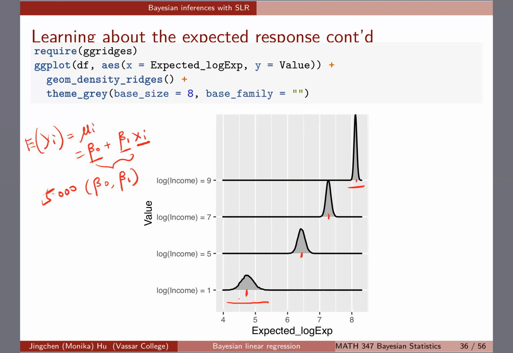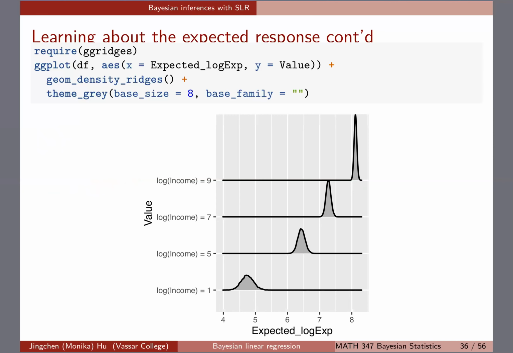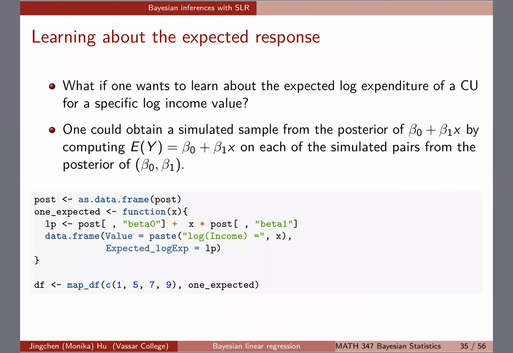Let me go back. This part is only about the ggplot, but this function is how we're obtaining those expected values. We write this 1_expected function, and what it takes is the values of x. You can see we're choosing 1, 5, 7, 9 just for demonstration. Here is the data frame that is getting the beta 0, beta 1, and sigma.